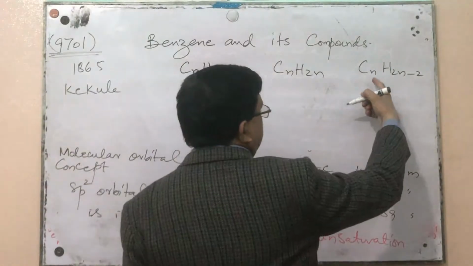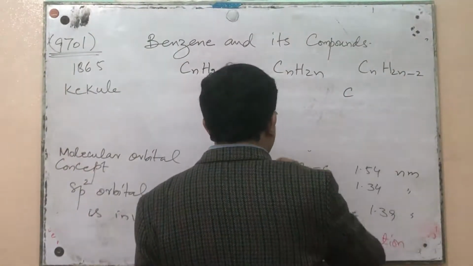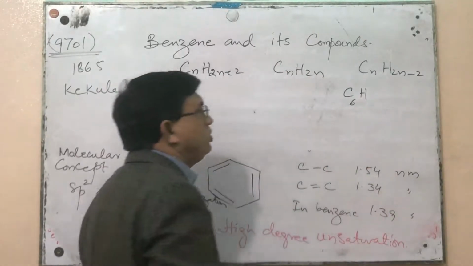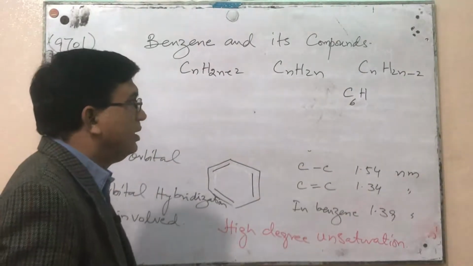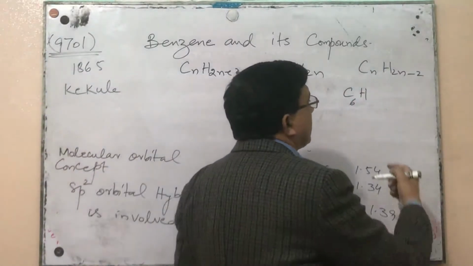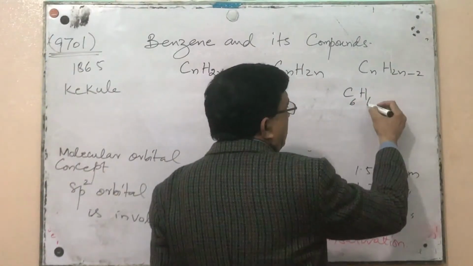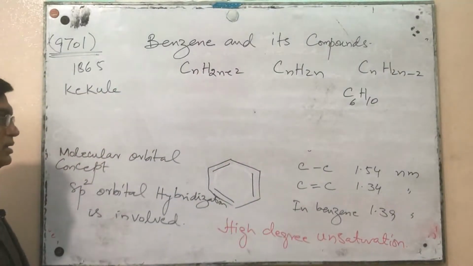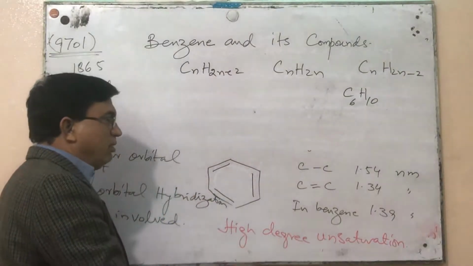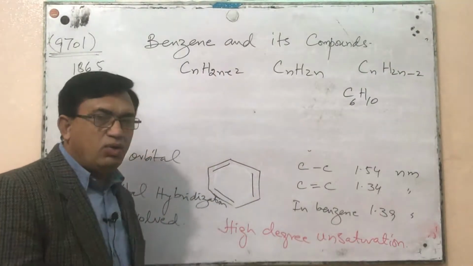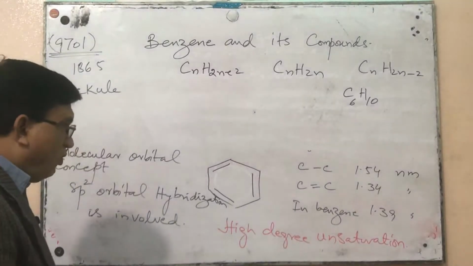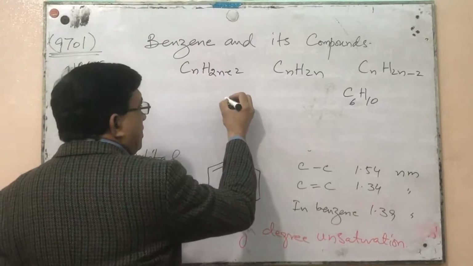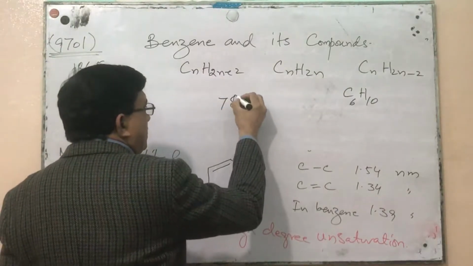For example, if we put carbon 6, then how much hydrogen should be there according to the alkene formula? It should have 10 hydrogen atoms. But the vapor density formula, which is applied to find the molecular mass of benzene, indicates that the molecular mass of benzene is 78.